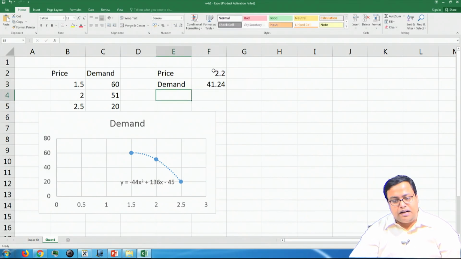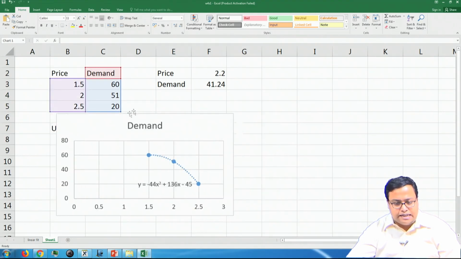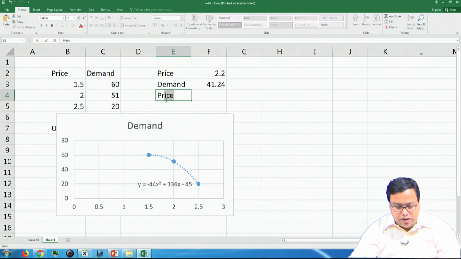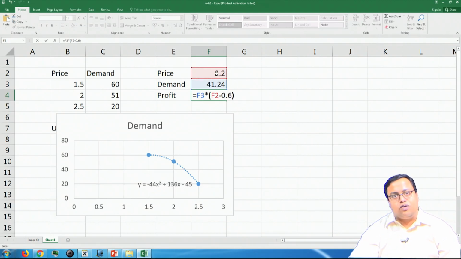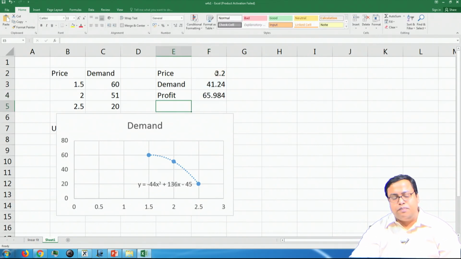The demand is coming to be 41.24, fair enough. And if you remember, the unit cost has been given as 0.6, then my profit will be basically demand into price minus unit cost. So, this minus 0.6, let us say I hard code 0.6. So, that is my profit.